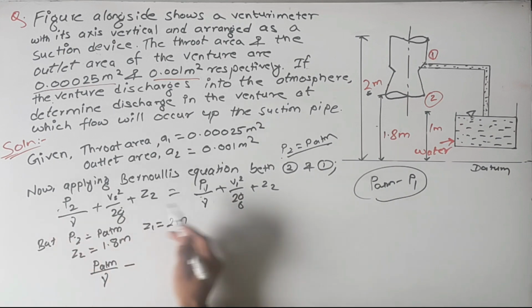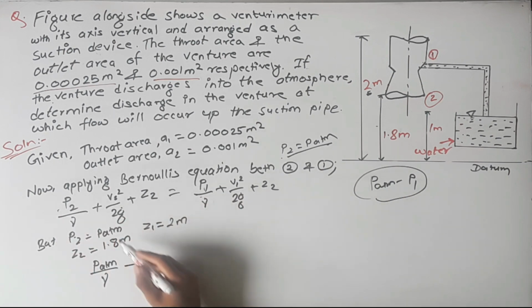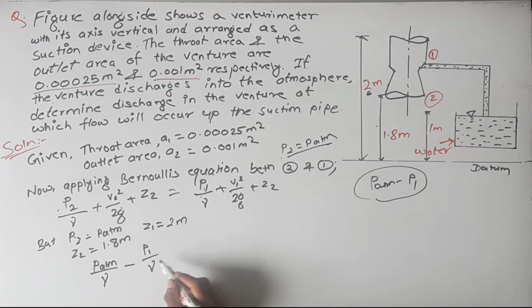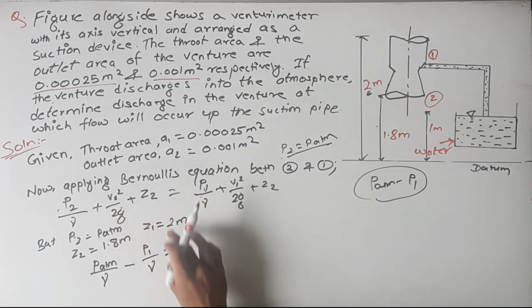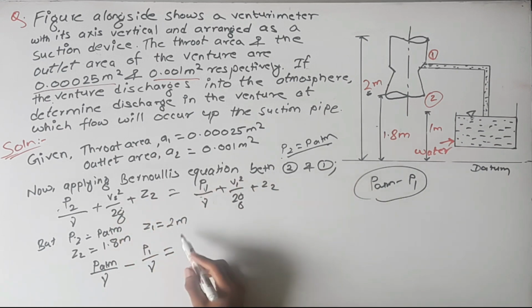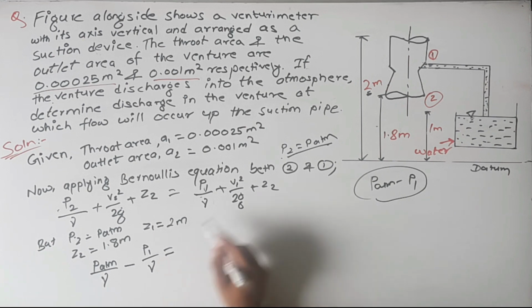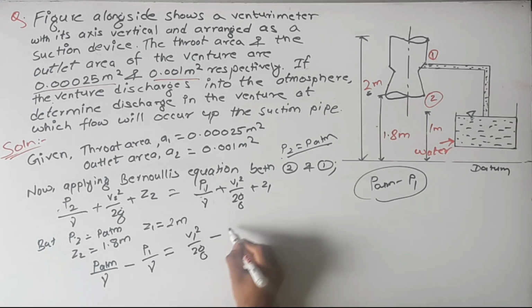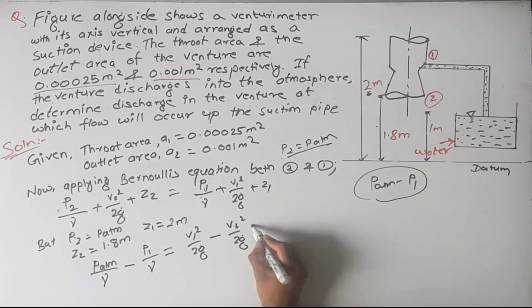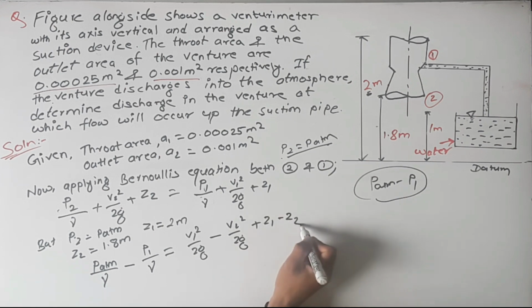If we take this to the left side, we get minus P1 upon gamma equal to, and let us take this to this side, V1 square upon 2g minus V2 square upon 2g plus Z1 minus Z2.